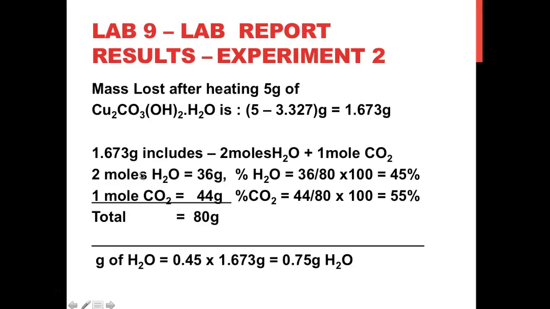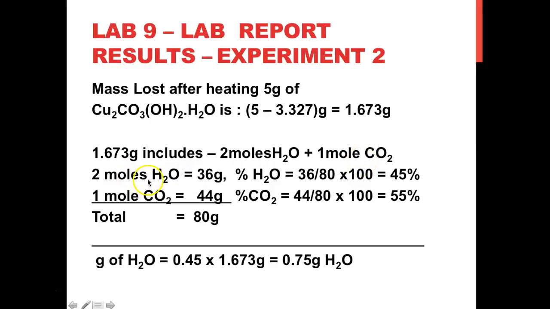So the mass that was lost: this was the mass of the hydrate, and then this was, after the heating process, the mass of the anhydrate, which was the copper 2 oxide. When you subtract one from the other, you get the mass that was lost, which was 1.673 grams, and that includes those 2 moles of water and 1 mole of carbon dioxide.